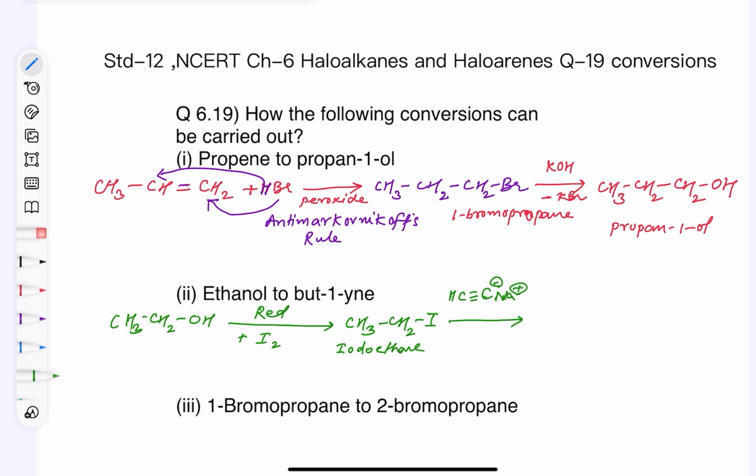Now when made to react with this, you will see that this particular acetylide group will be added to your iodoethane, giving you the product CH3 CH2 C triple bond CH, and NaI will be removed. So you get back your final product as but-1-yne. This is your final product.